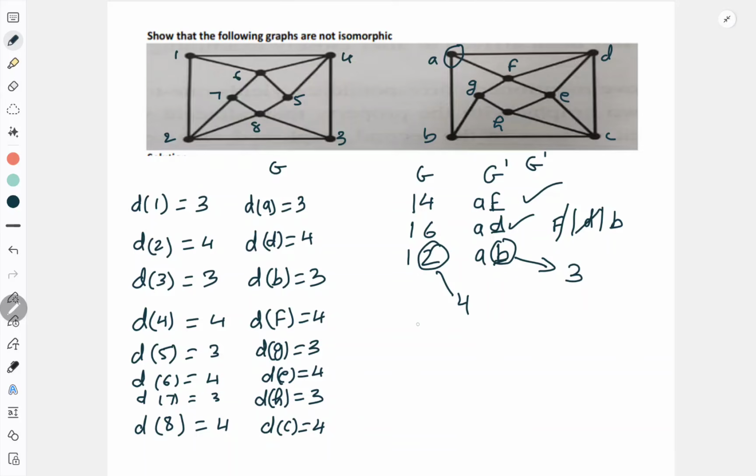When I am talking about the edge 1, 2, I don't have any edge in G dash such that the degree of one vertex is 3 and the other vertex is 4. So adjacency is not preserved. I don't have any edge corresponding to this. So these two graphs are not isomorphic. This question is very important for the understanding. Okay, let's move to the next question.